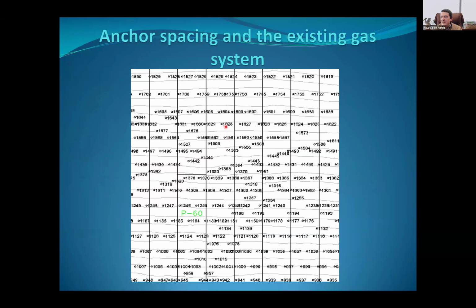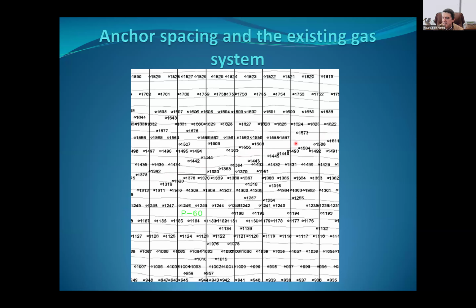This shows the locations of the anchors in a grid, but it's not a grid because you have your pipes here. See, here's the location where you see this empty space.